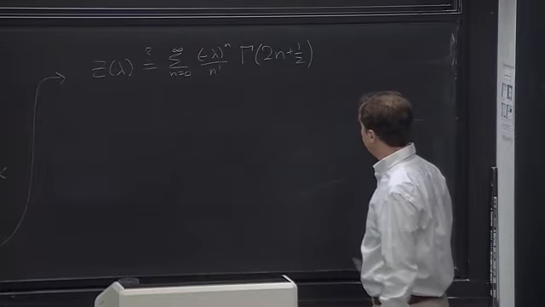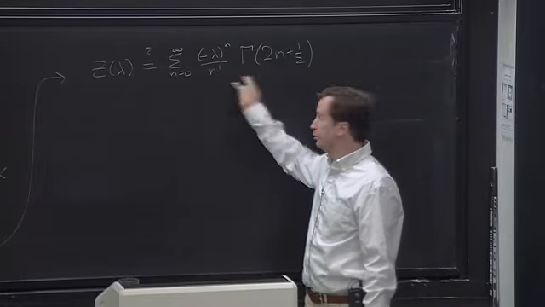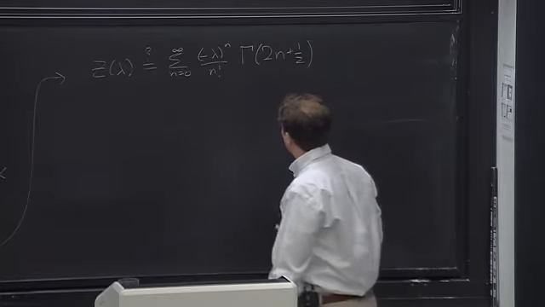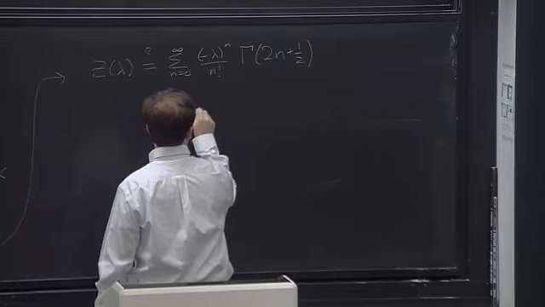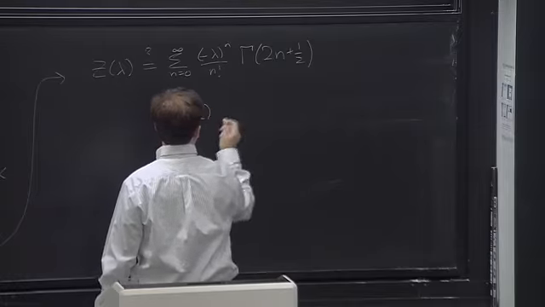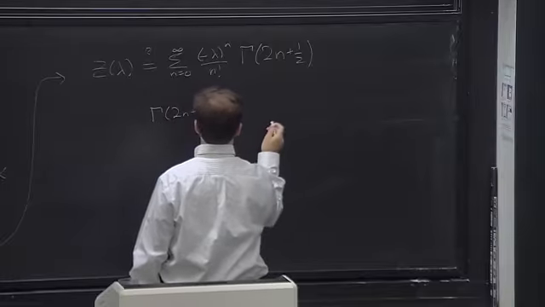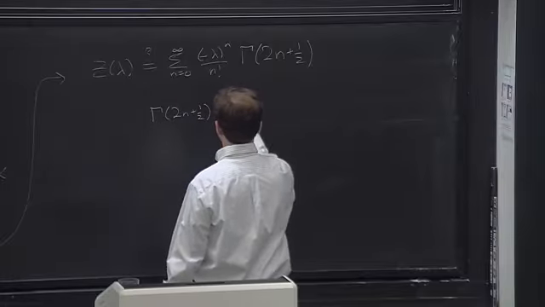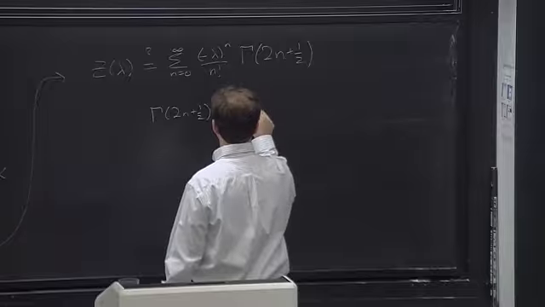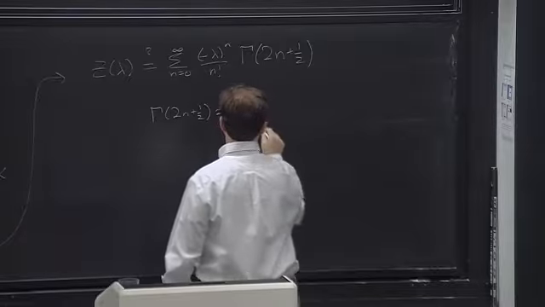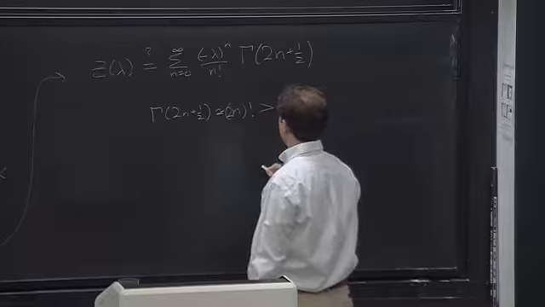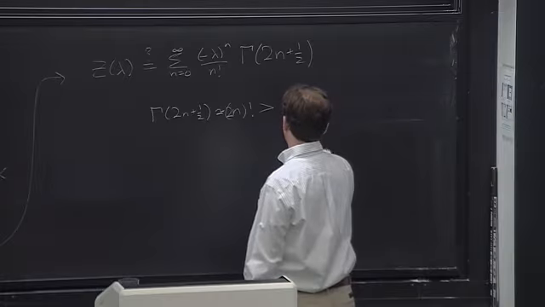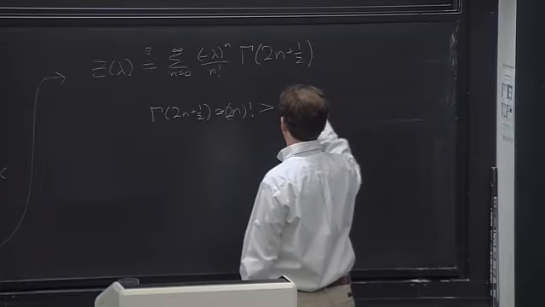There's only one problem, and that's that gamma of 2n plus a half is, for n large, about 2n factorial, which is certainly greater than n factorial squared.